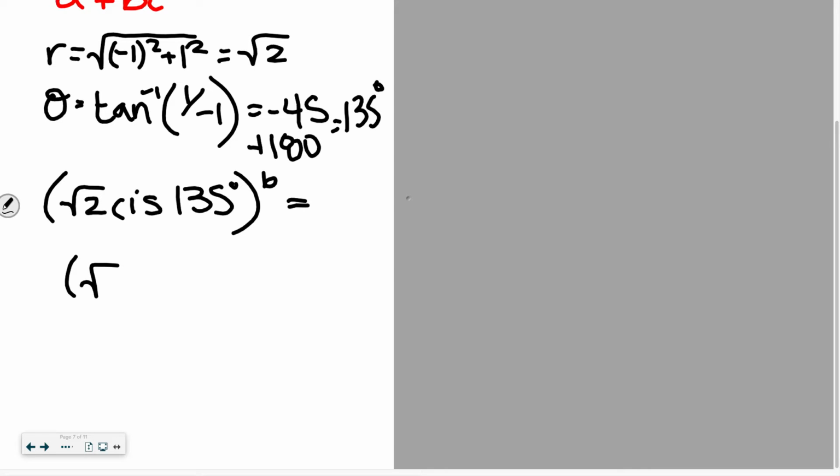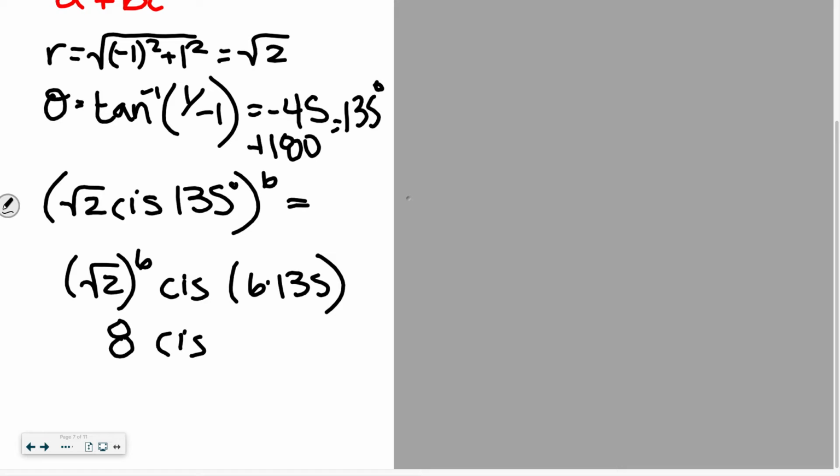So it's going to be square root 2 to the 6th, cis, 6 times 135. Square root 2 to the 6th is the square root of 64, which is 8, sure. And then cis, what's 6 times 135? 810, which is too big to be my final answer.